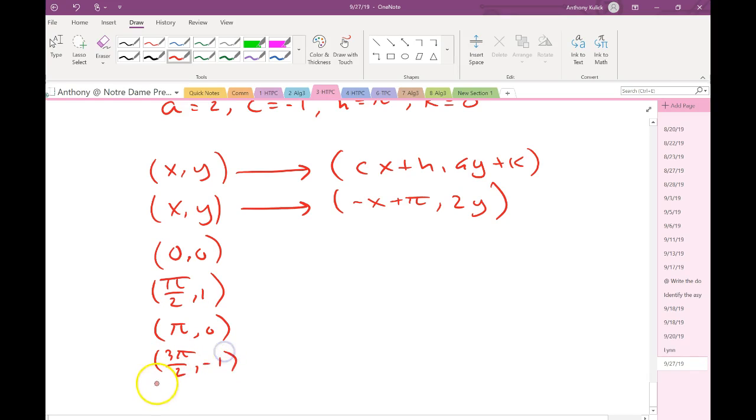It was a sine problem. So those are my 5 key points. So when I plug in 0, 0, I get pi, 0. Mark.